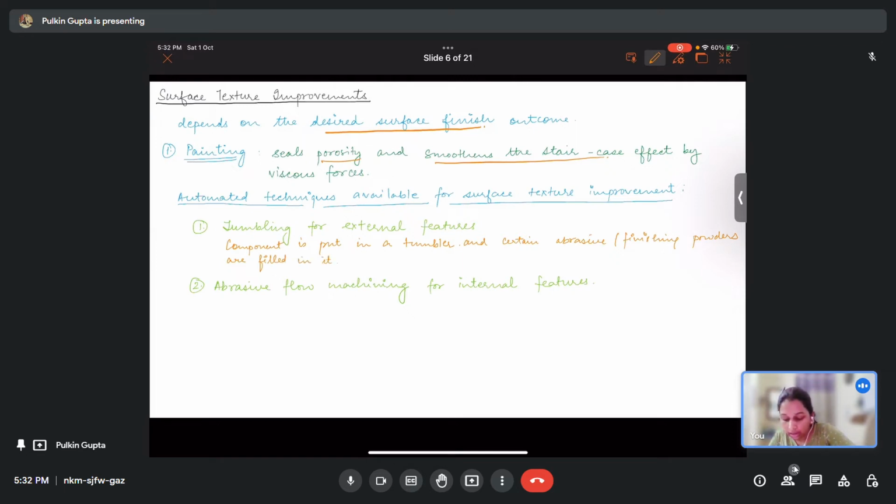Then the tumbler is rotated to finish all kinds of external features.